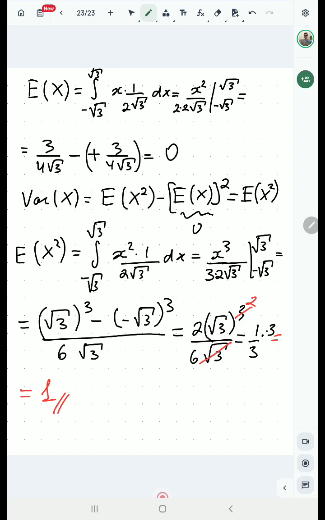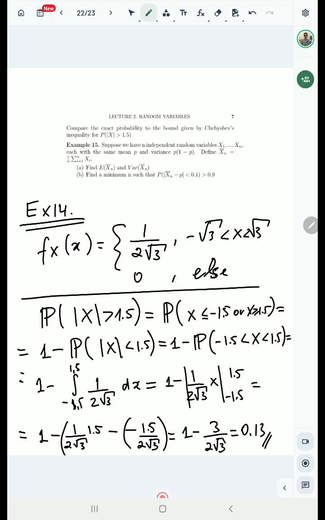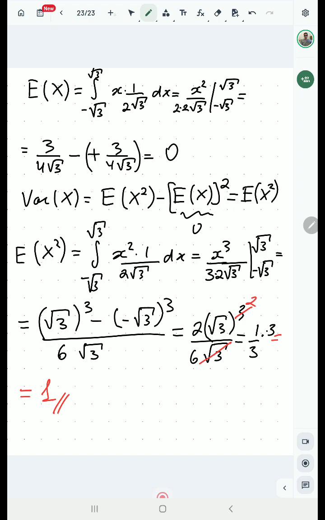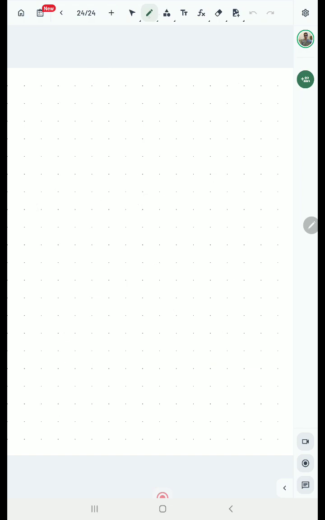Great. Now we have to use Chebyshev inequality to find the boundaries of this probability: the probability that the absolute value of x is greater than 1.5. So let's use another new page.